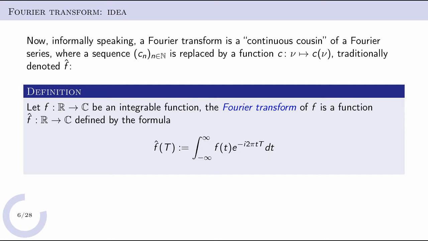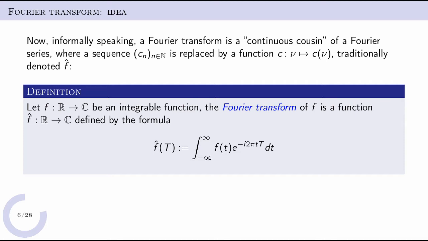It's the integral from minus infinity to infinity of f of t times e to the power minus i 2 pi t times T. Here the lowercase t is the variable of the integral, and capital T is the variable on which the Fourier transform f hat is defined.